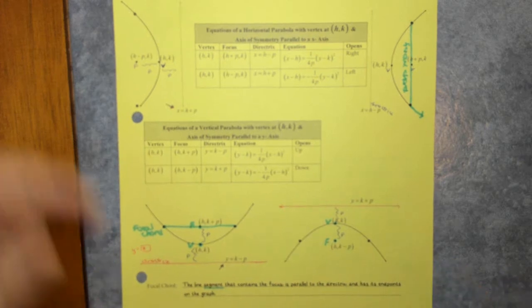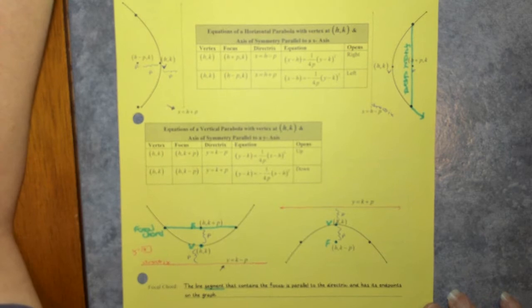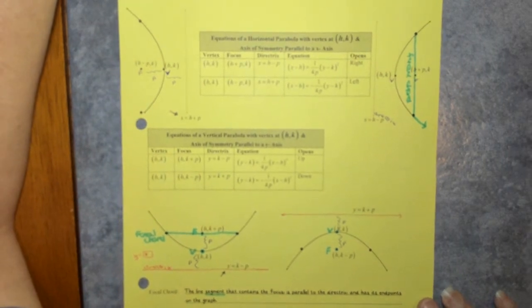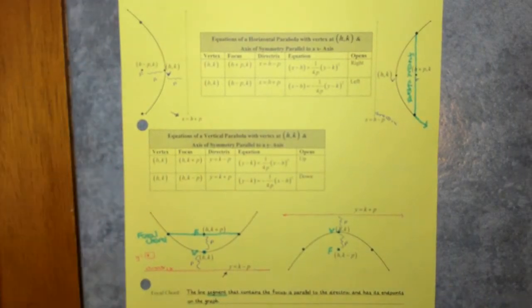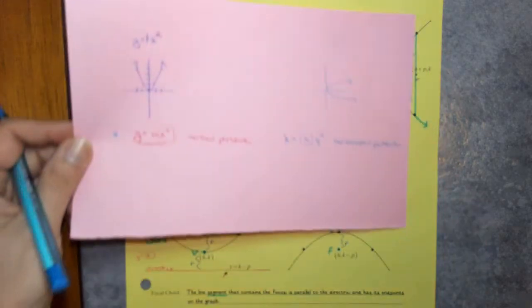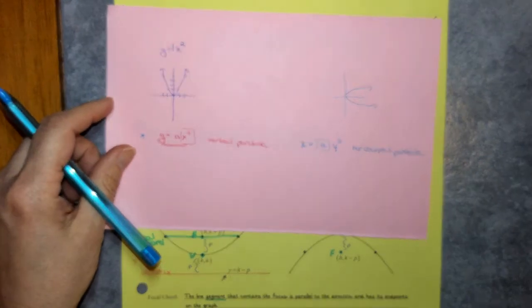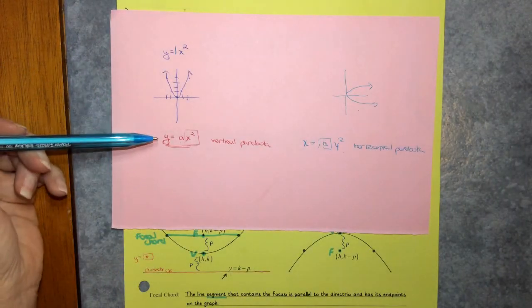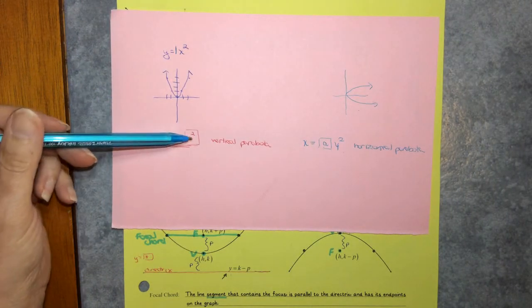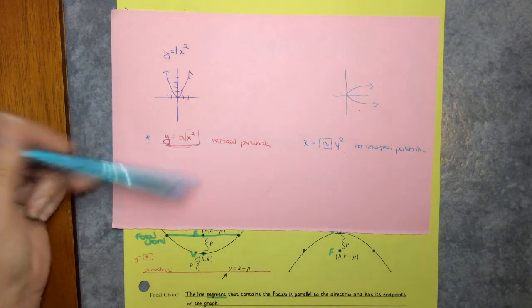Now there's one final thing we want to address before we leave this opening page of our notes, and that is the coefficient and the general equation type. When I started with these notes, I drew attention to the fact that we already know y equals something x squared for vertical parabolas.